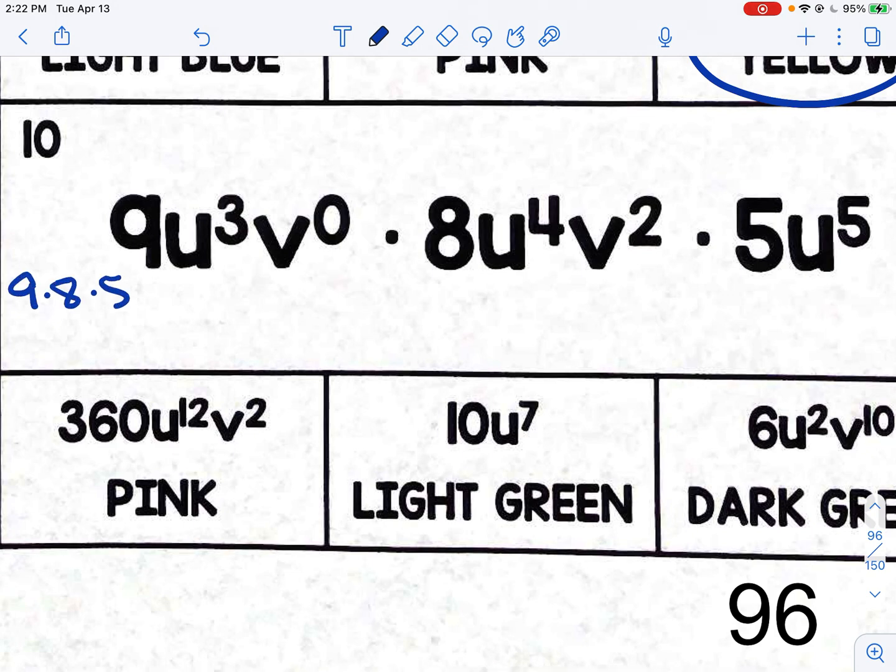Nine times 8 times 5, u to the 3rd times u to the 4th times u to the 5th, v to the 0 times v squared. Again, I don't know that off the top of my head. So 72 times 5, 360.